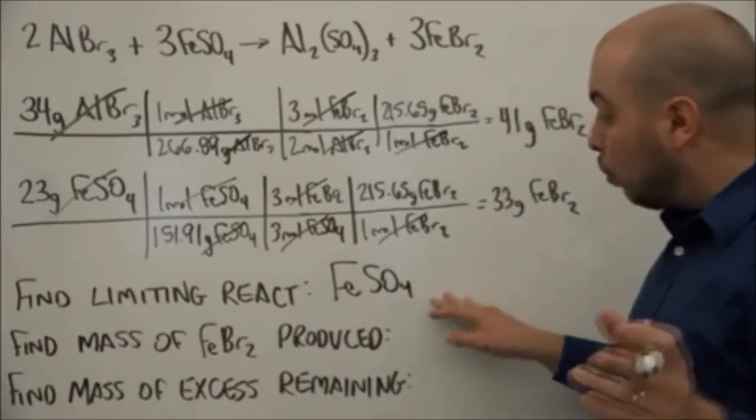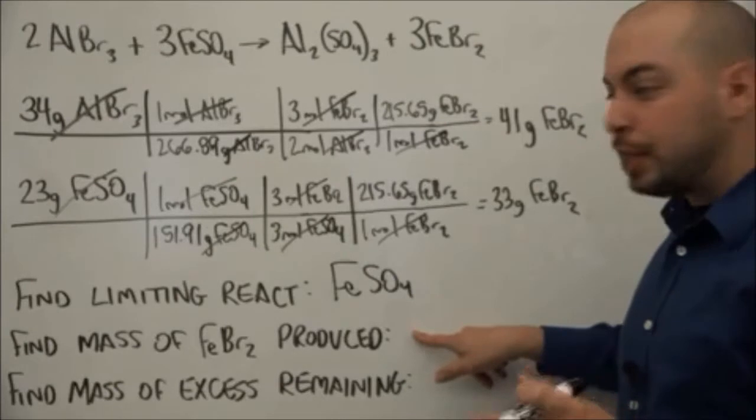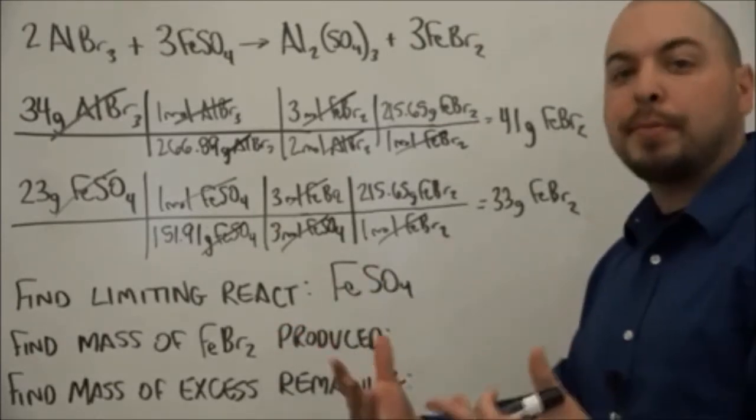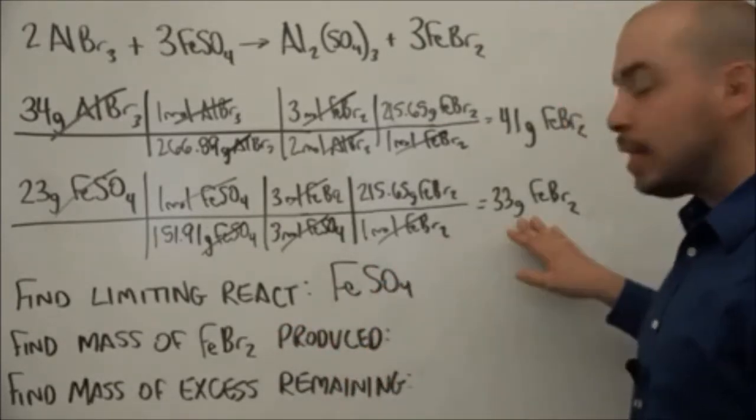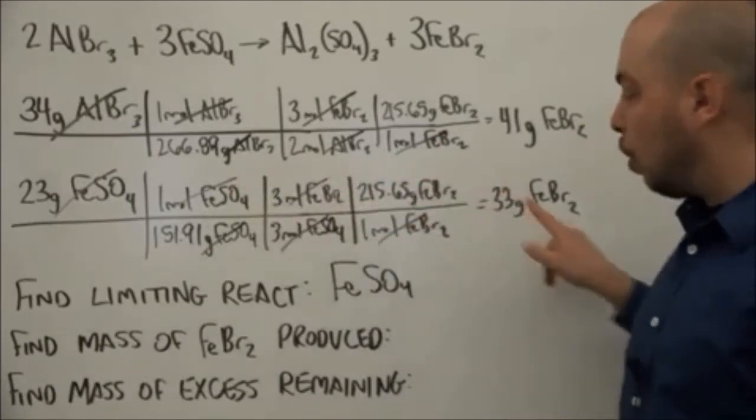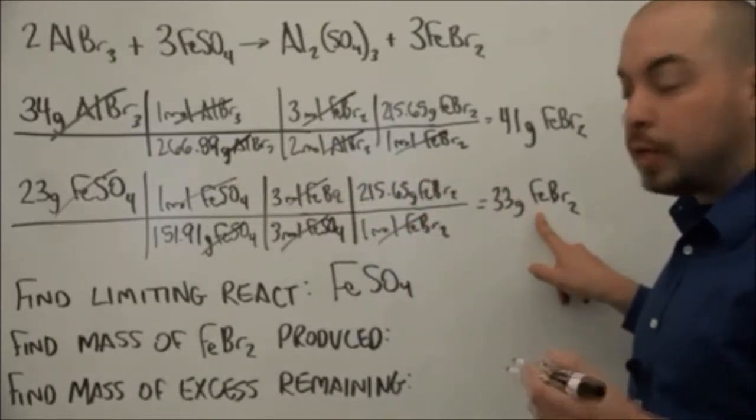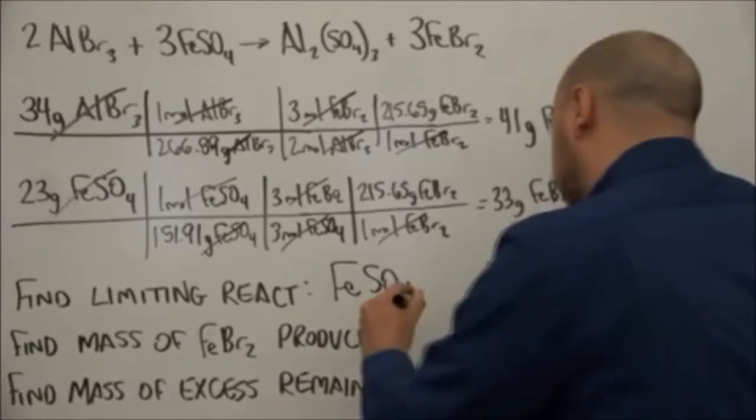But notice we already found the answer to the second part, which is how much iron bromide would actually be produced in the course of this reaction. We did that by doing the math all the way out to grams of iron bromide. So we can simply answer that part now.